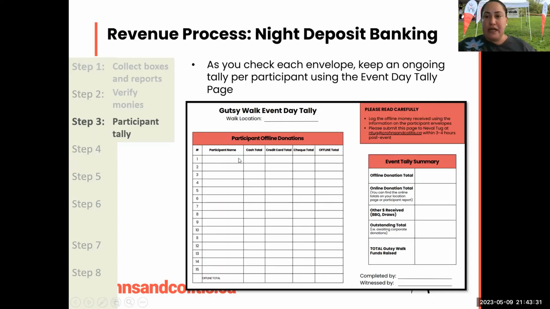Once you fill out everything here, you are going to write the offline donation total. For the online donation total, you can look at the participants report that we sent, but I recommend you go to your location page on your mobile, because that will have the latest information.